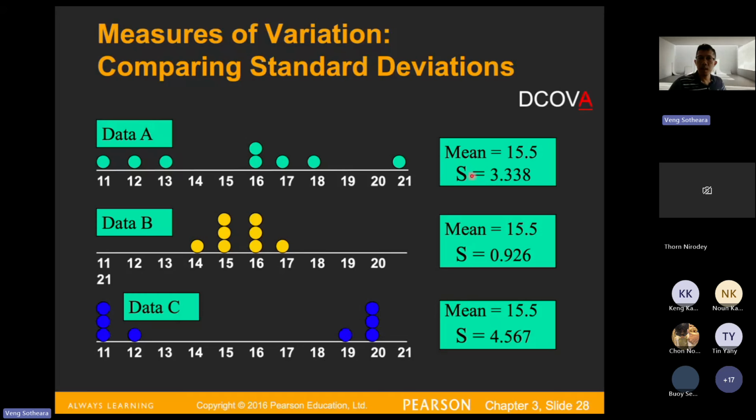Okay, so as you can see, all the standard deviations are non-zero. They are all positive. But what if the standard deviation is 0, and I keep the mean the same, 15.5? So what should be the situation of the original data set?